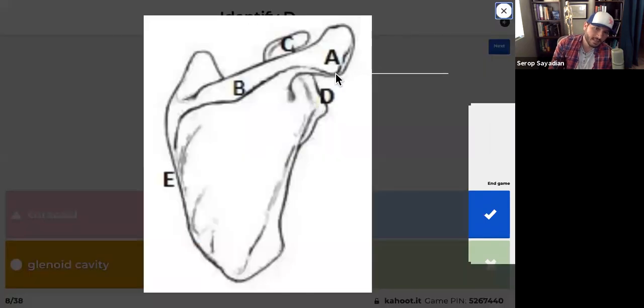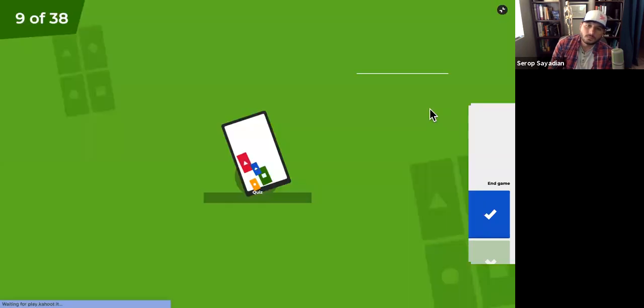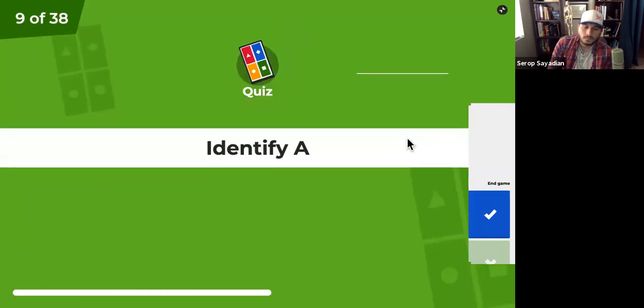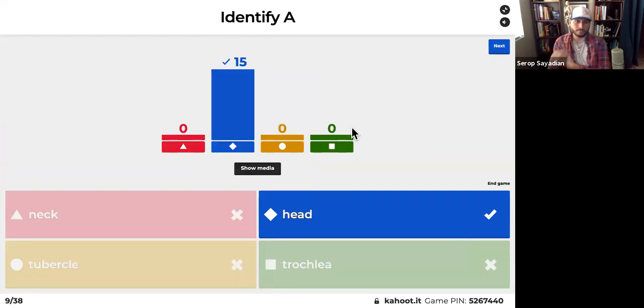Nice job, guys. That is the glenoid cavity. That is the socket for the humerus head to fit into. Very good. The humeral head.